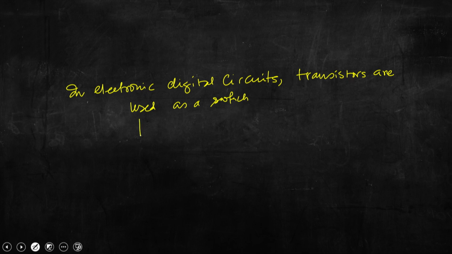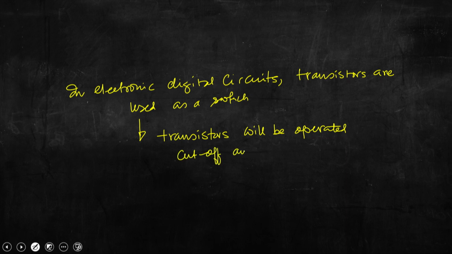So, that means we can write: transistors will be operated in cut off and saturation regimes. That is on and off. If it is cut off, off; if it is saturation, on. So, it is acting like a switch.